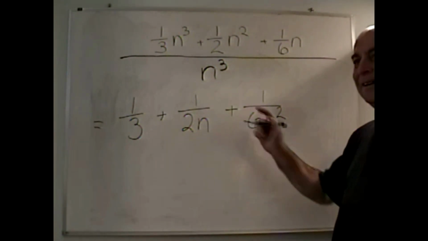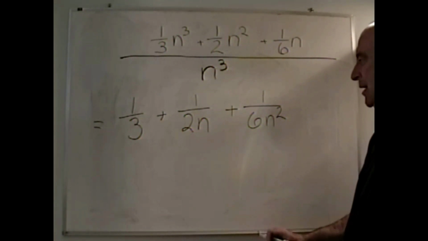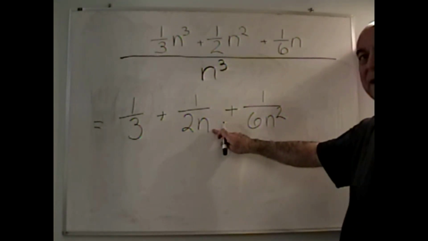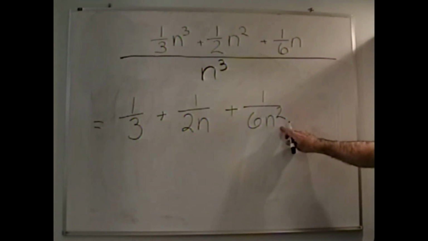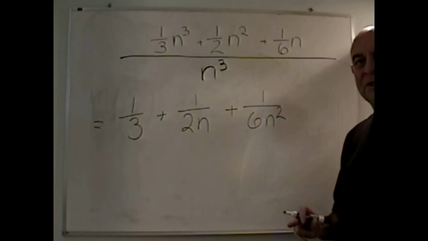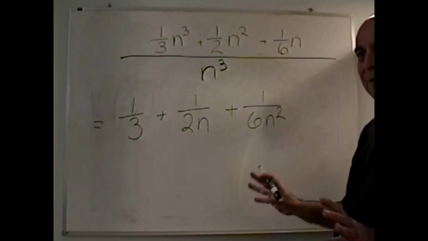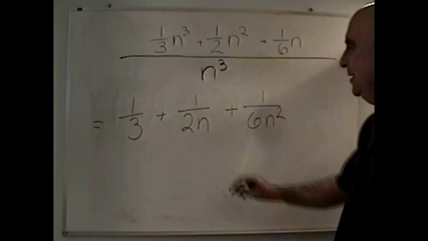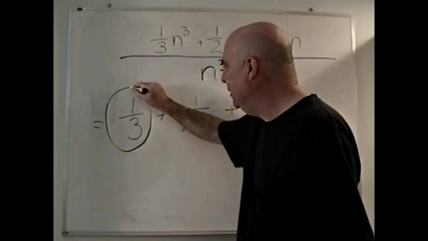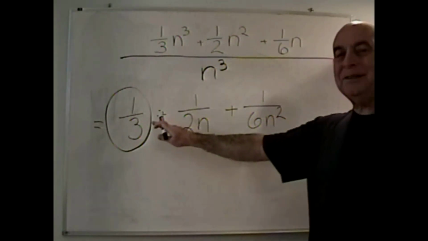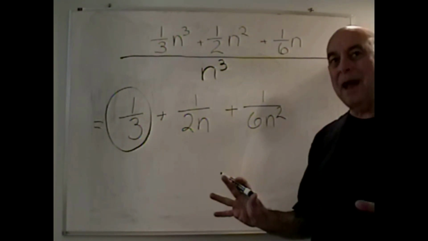But as n gets closer and closer to infinity, then the value of 1 over 2n approaches 0, and the value of 1 over 6n squared also approaches 0. So as the number of steps in the pyramid approaches infinity, the ratio of volumes approaches precisely 1/3, which is what we've been trying to demonstrate.